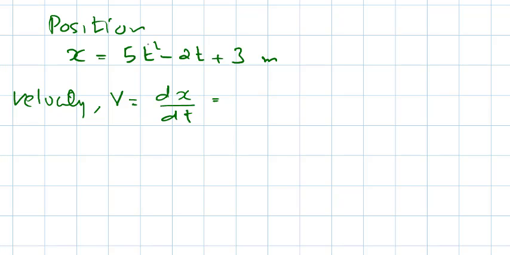Do the same thing. This is power 2. 2 into 5 will give you 10t, power 2 minus 1, 1, minus. If you have a minus sign, you use the minus sign. 2 into t is 2. Then 3 is a constant, so that will give you 0.